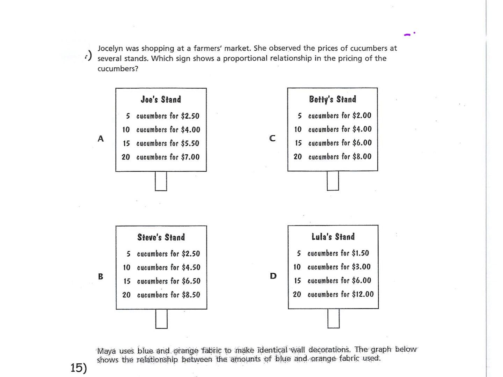As you look at this page, you see that we've been given 4 different signs, which is a little deceiving because actually these 4 signs represent T-tables. They're just presented in a little different way.